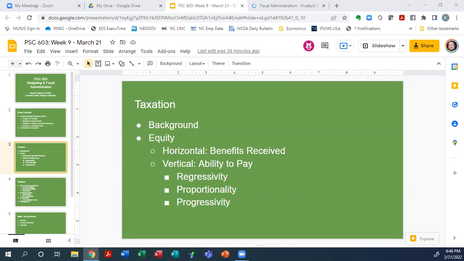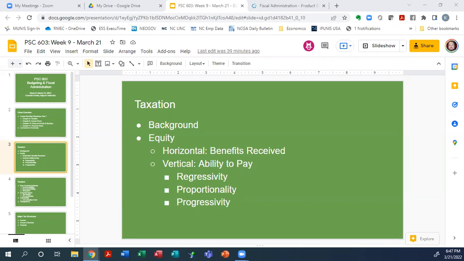Now, what do we mean by proportional equity? Just that the rate stays the same as your ability to pay, that there's a constant relationship between the two?